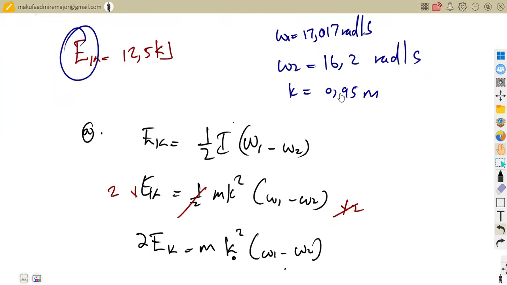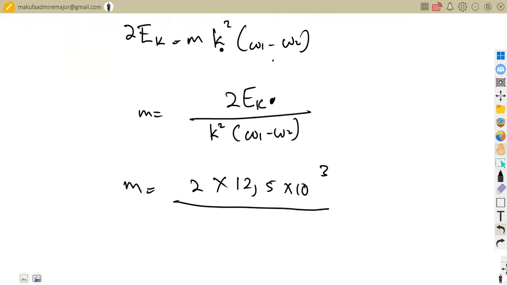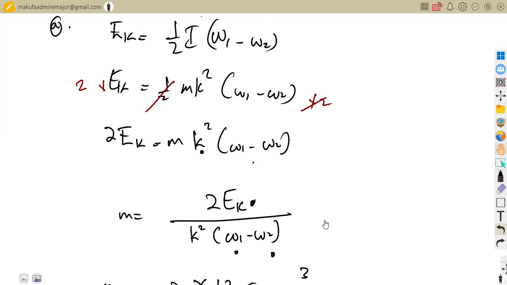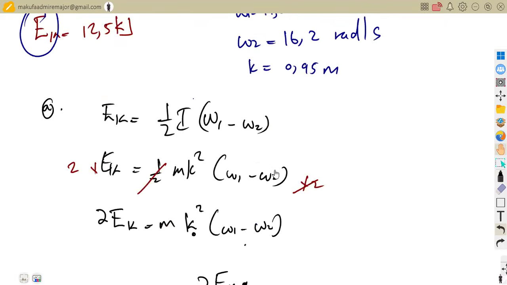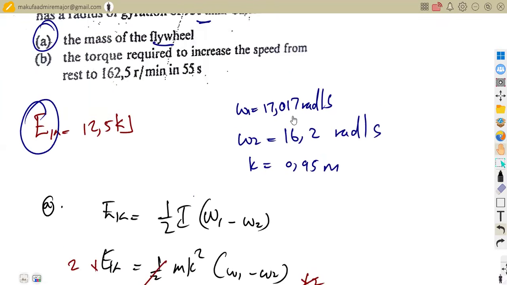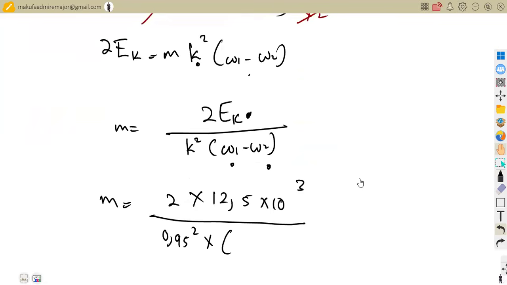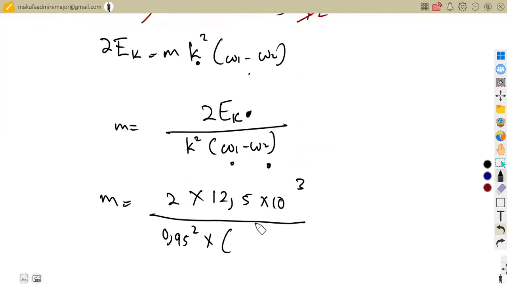The k is 0.95, but this is k squared, so it's 0.95 squared times omega 1 minus omega 2 from those differences that we had. We calculated 17.017 and 16.2. You find the difference between these two.